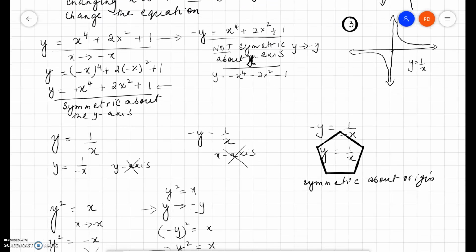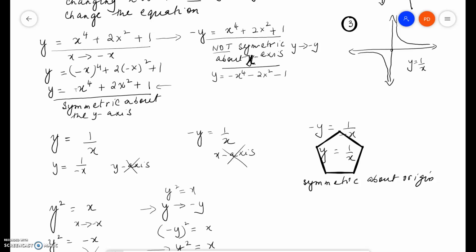Now let's look at the equation y equals 1 over x. So we replace x with negative x and we get y equals negative 1 over x. So the equation did change and it is not symmetric about the y-axis, because changing x to negative x did make a difference in the equation. Now changing y to negative y again changes the equation, so it is not symmetric about the x-axis.